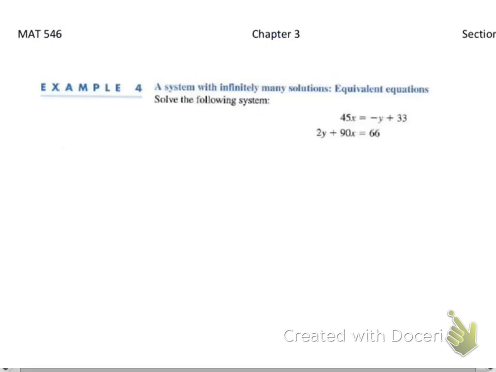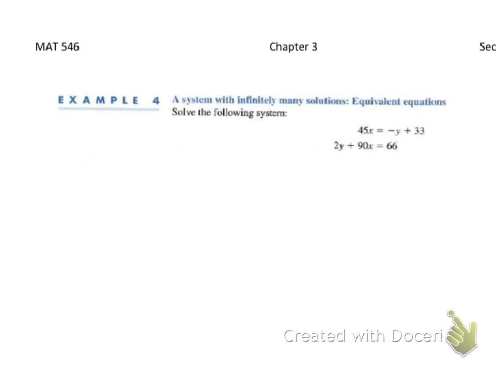Okay, so just for an example, I'm going to solve this using elimination. So how would I set that up? Looking at those two equations, I like the way the first one's set up, so I'm going to leave it as 45x equals negative y plus 33.